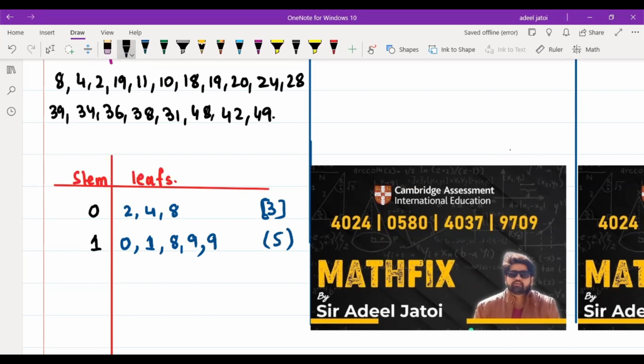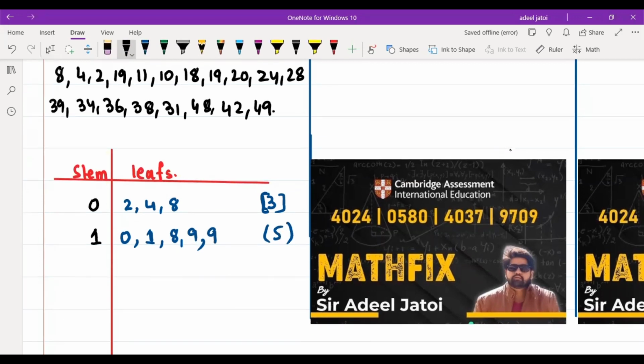Similarly, there are numbers in the 20s as well. So we start off with 0, then we go towards 4, then we move towards 8, and these are the three numbers in the 20s. So the frequency for this will be 3 again. Then we will look for the numbers in the 30s.